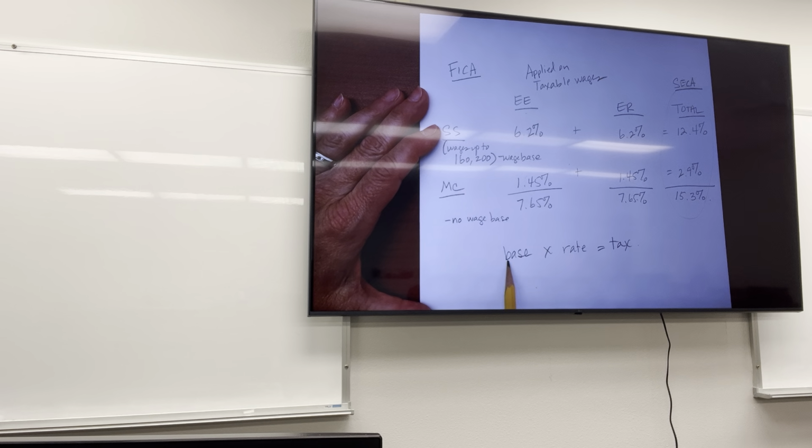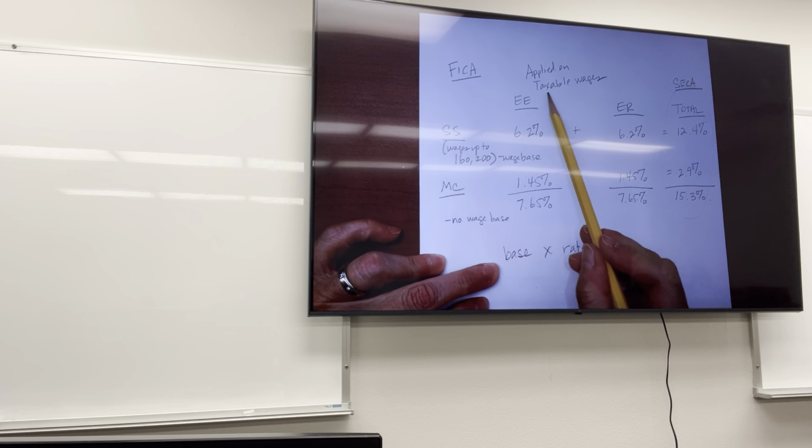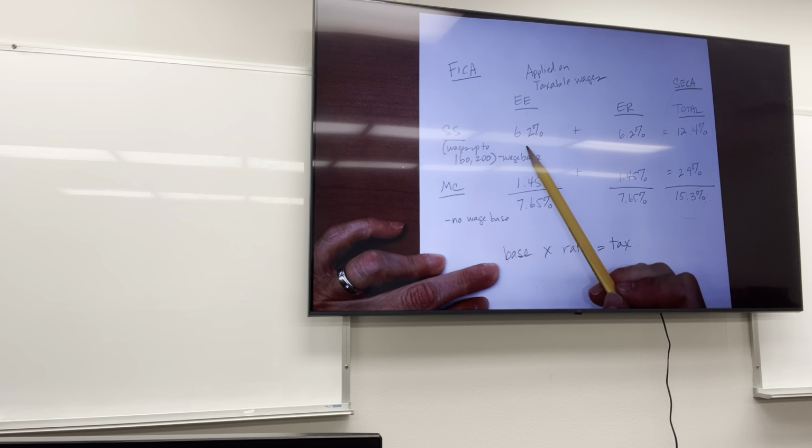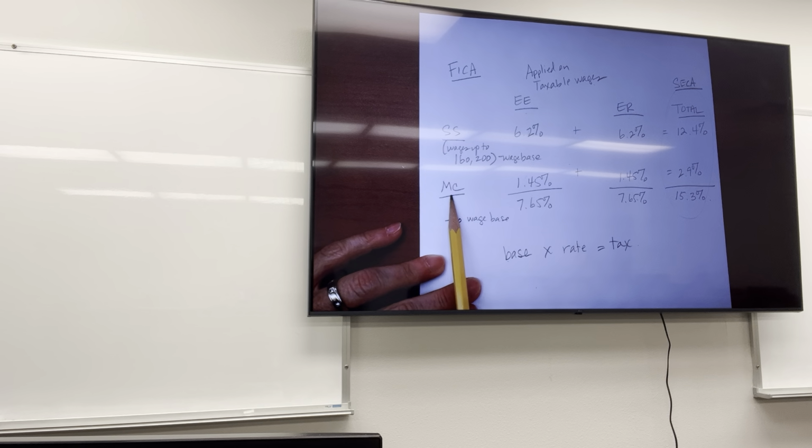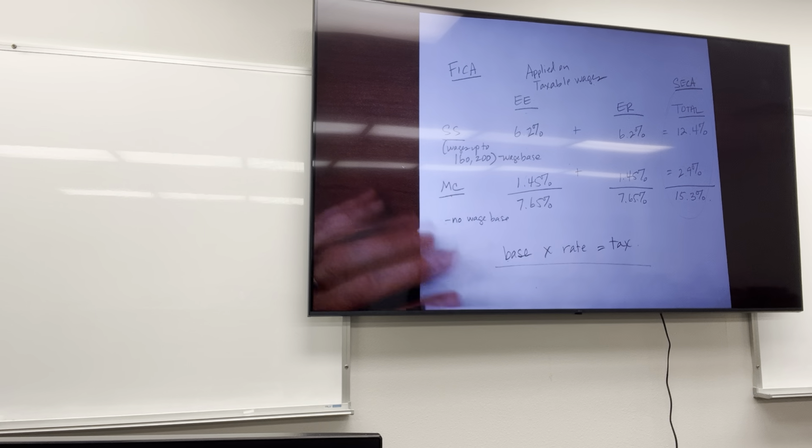So that base, in this case, is the amount of taxable wages that are subject to Social Security tax and that are subject to Medicare tax. But this applies for all taxes.